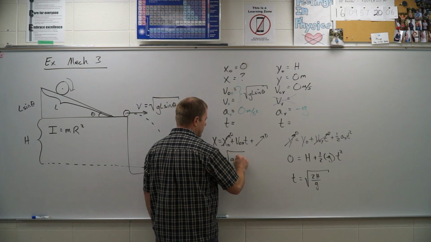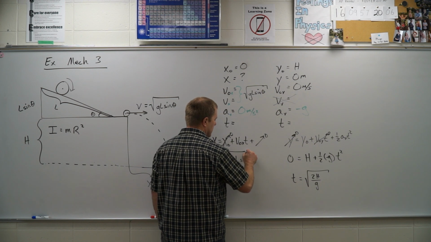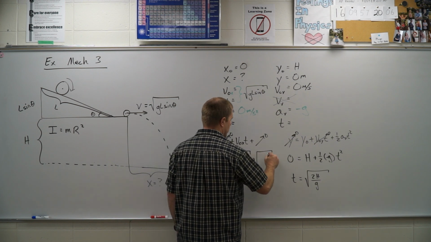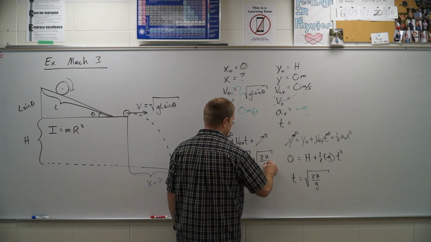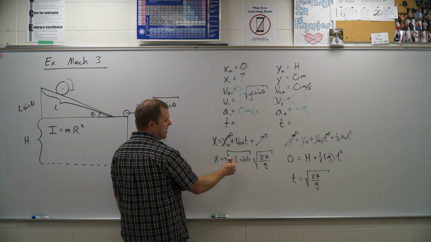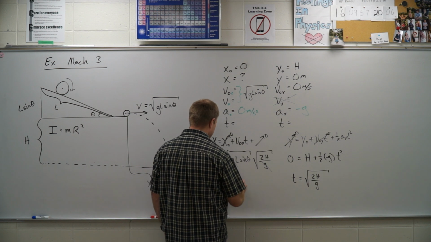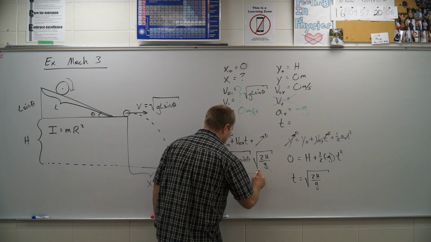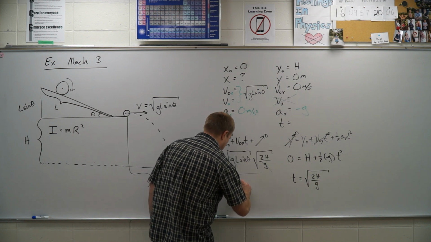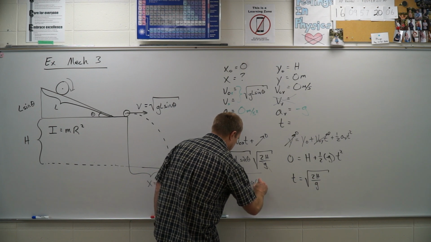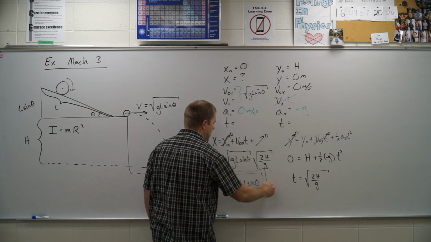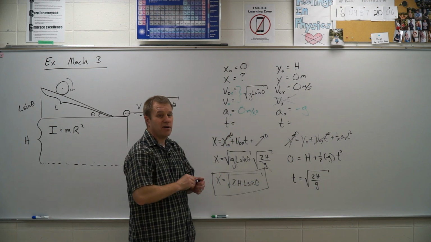So I have the square root of GL sine theta times my time, which is the square root of 2h over g. I can combine these together, and when I do so, you'll notice that the g's are going to cancel. And so I have the square root of 2hL sine theta will be my distance it lands away.